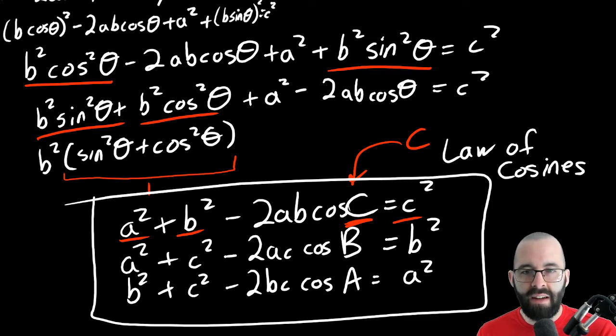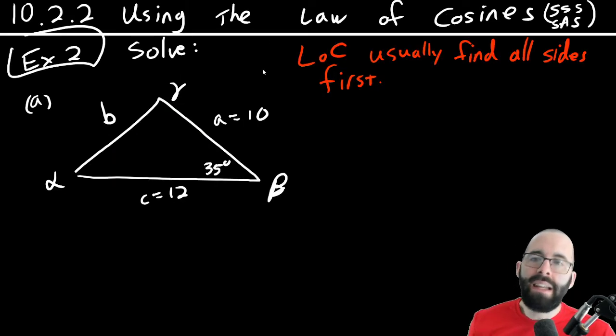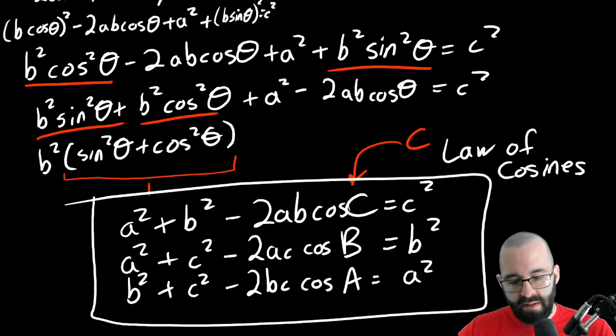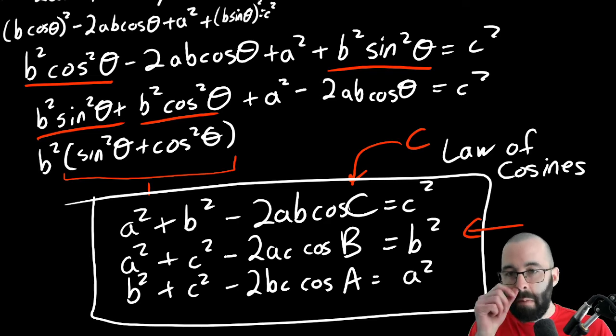If we want angle C, we need to know what A, B, and C are. And similarly with all the other angles. Then we need the sides in order to use the law of cosines. Okay, so which one are we going to use? Well, we know A and C. We don't know B. So we're going to use this one right here. This is the one we're going to use to solve for B.